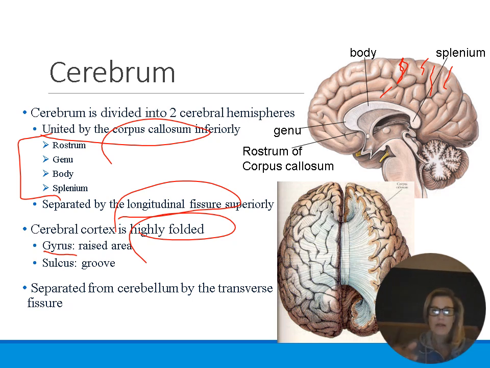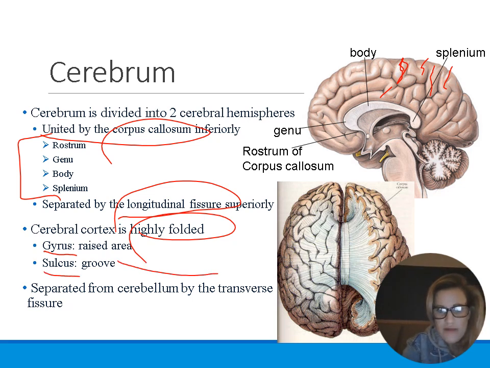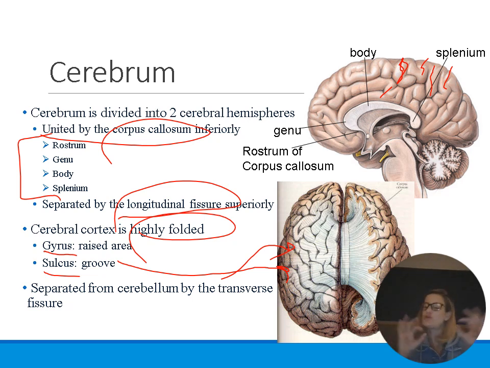The little shallow grooves are sulci. That's plural, just one is a sulcus. So all of these little crevices that you see are sulci. A really deep groove is a fissure. So there's a lot of sulci, and then there's a couple really large fissures.